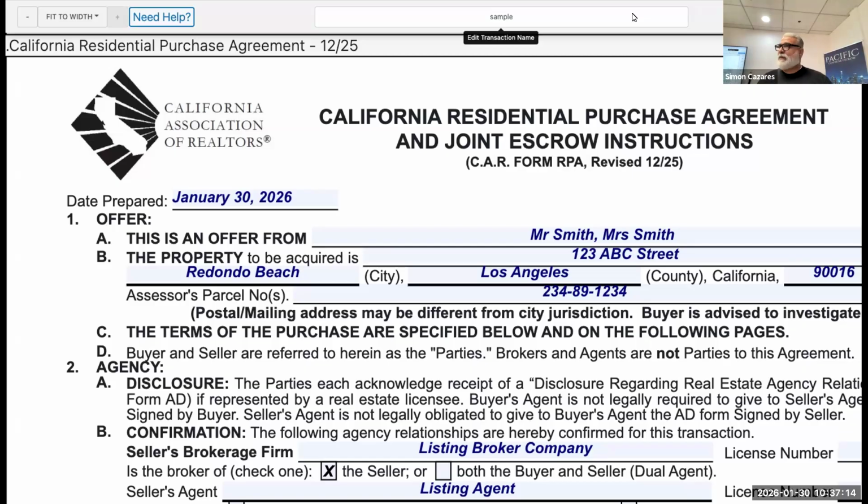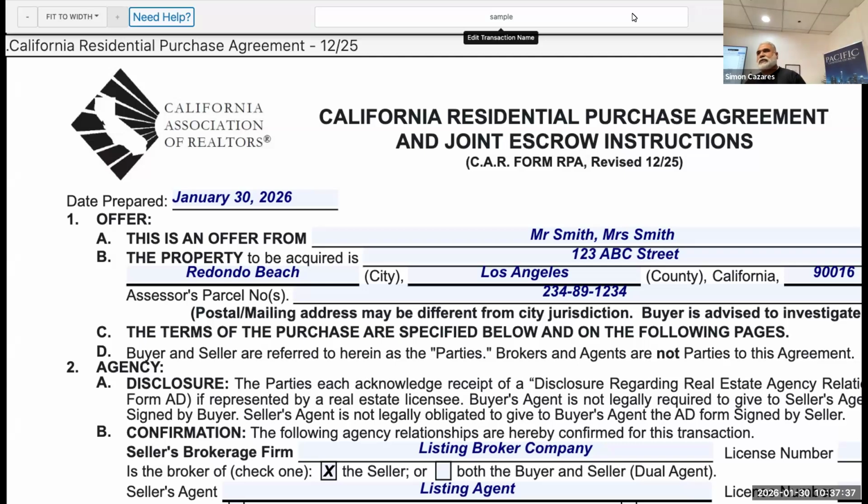The answer, it really depends. It depends on how the offer was drafted and how the terms and conditions of this form were signed and executed, right? So in essence, yeah, there may be some type of liability that you may forfeit your earnest deposit, right?